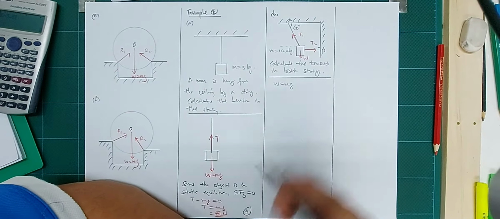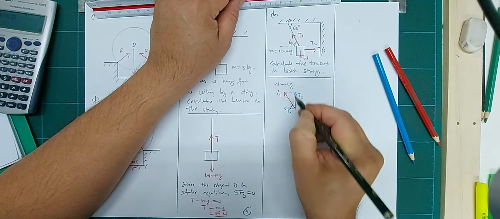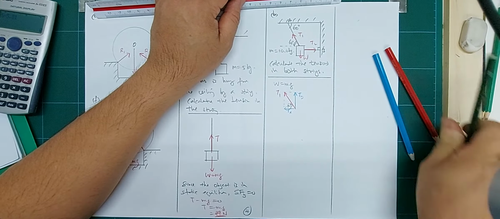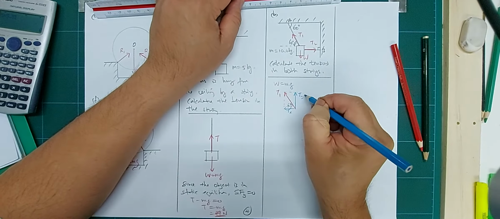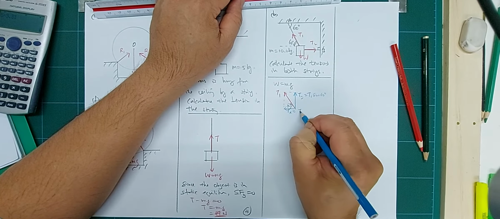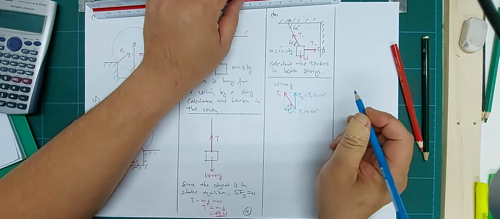I'll call this one TY and this one TX, and the angle here is 60, the same here, 60. So from here you can calculate the tension. TY is equal to T1 sine 60 and TX is T1 cosine 60.